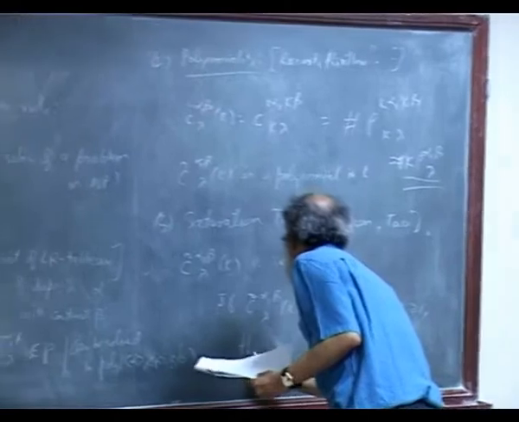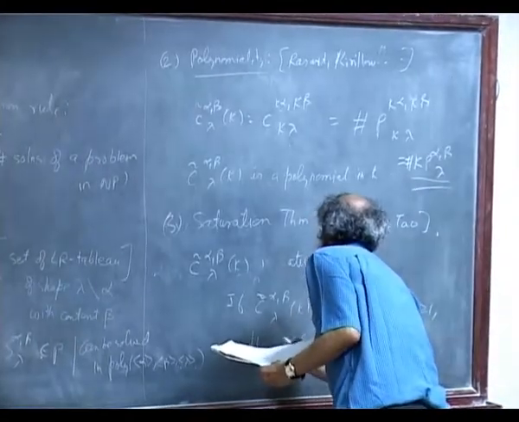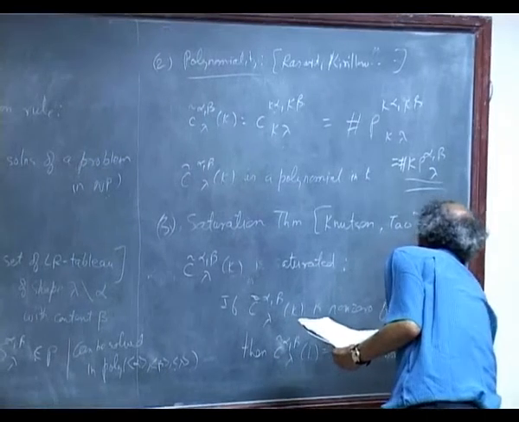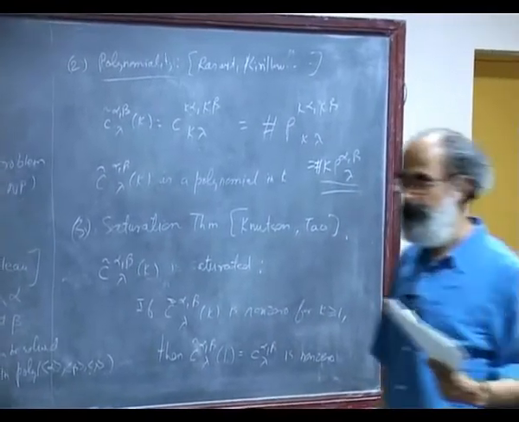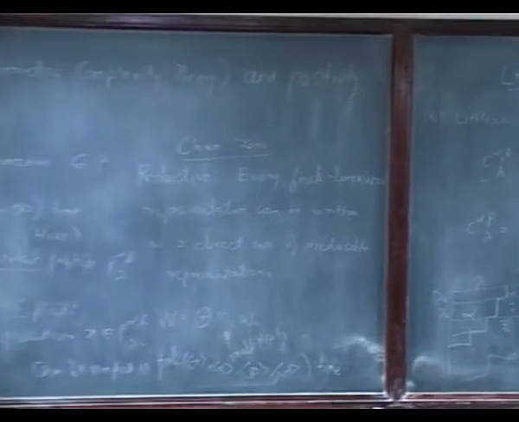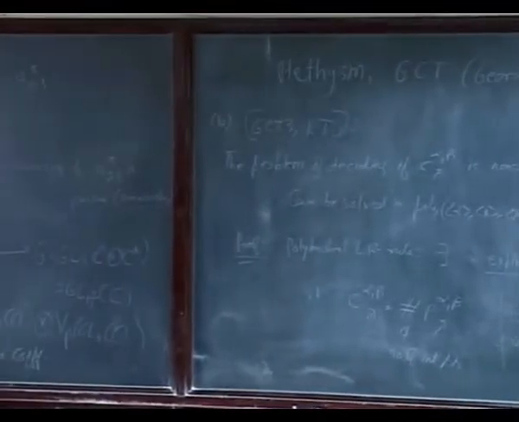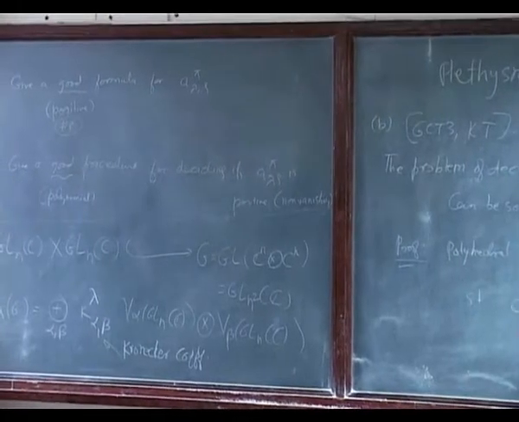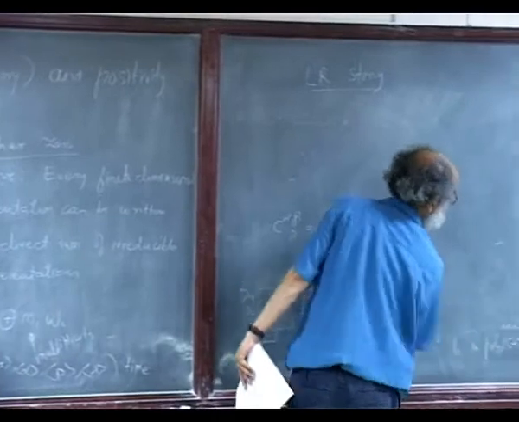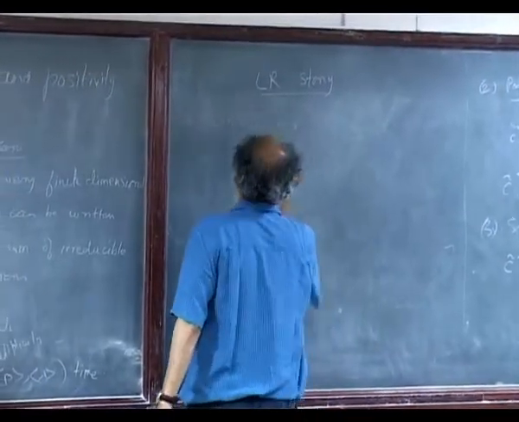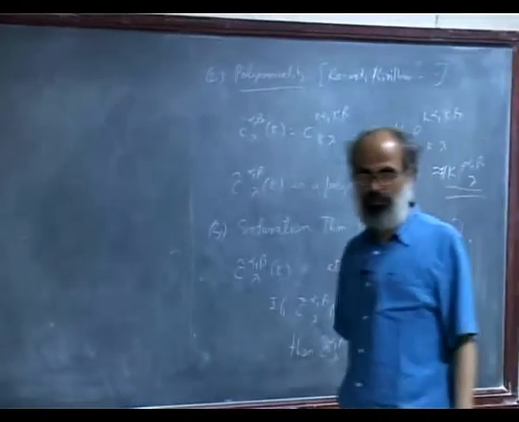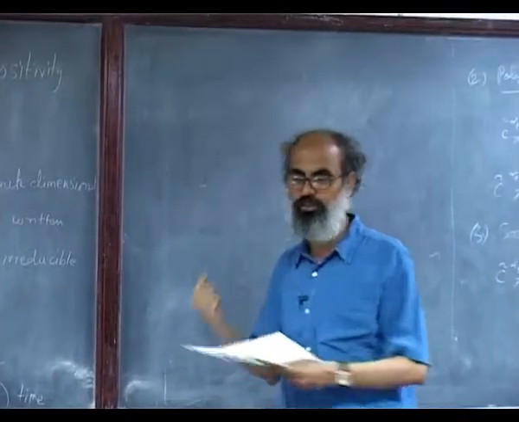So if you take the polytope P alpha beta lambda and stretch it by some large enough k, and that contains an integer point, then the original polytope contains an integer point.